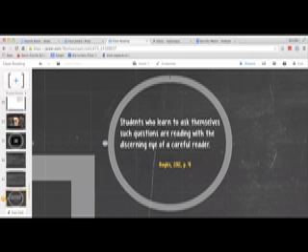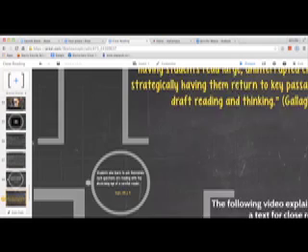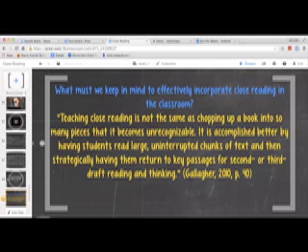Nancy Boyles, Graduate Reading Program Coordinator for Southern Connecticut State University, says that students who learn to ask themselves such questions are reading with the discerning eye of a careful reader. So what must we keep in mind to effectively incorporate close reading into the classroom?